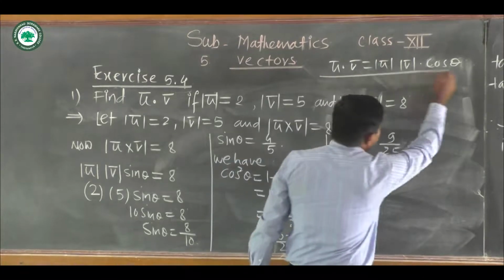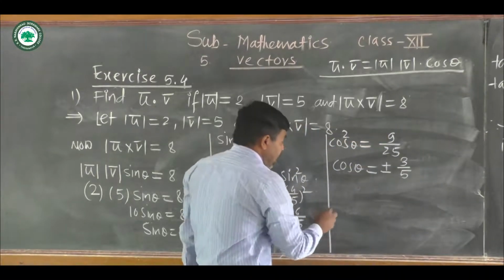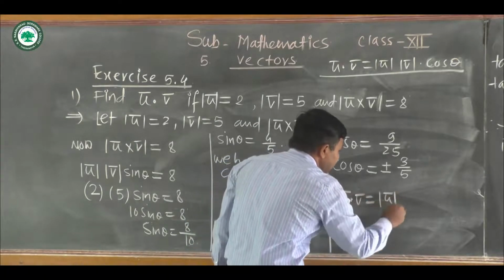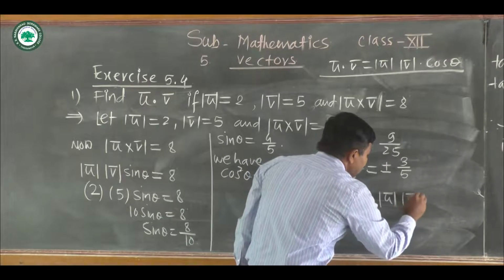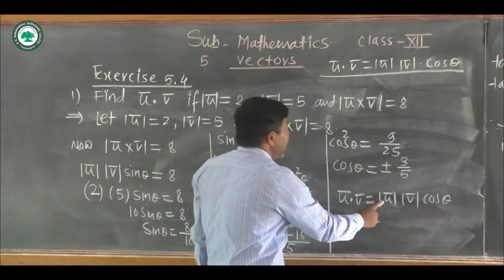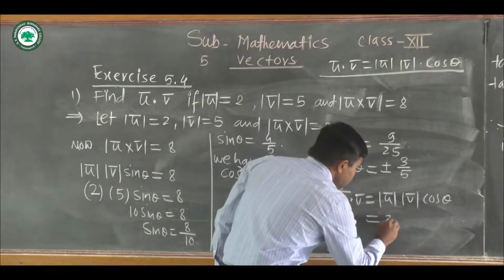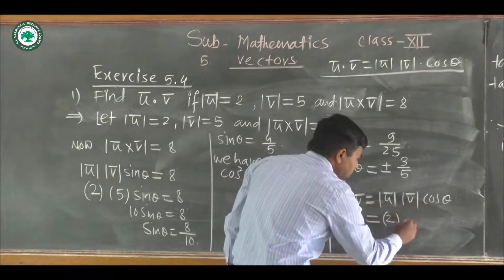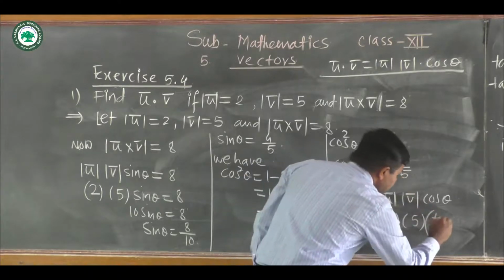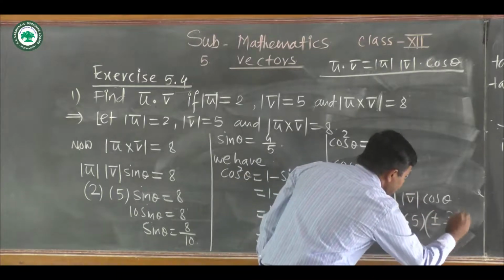Now here we have to find out u bar dot v bar. Now u bar dot v bar is equal to magnitude of vector u into magnitude of vector v into cos theta. What is magnitude of vector u? That is given, it is 2, into magnitude of vector v, that is 5, into the value of cos theta, that is plus or minus 3 by 5.